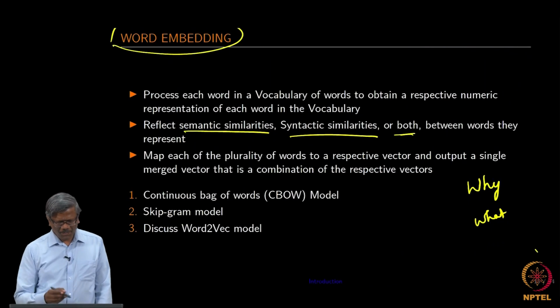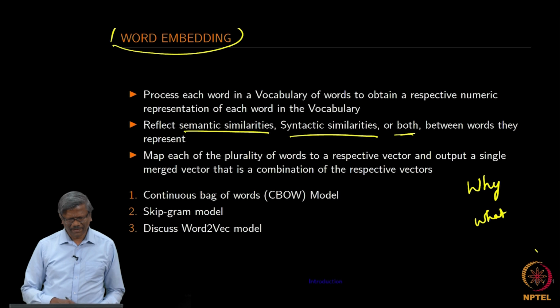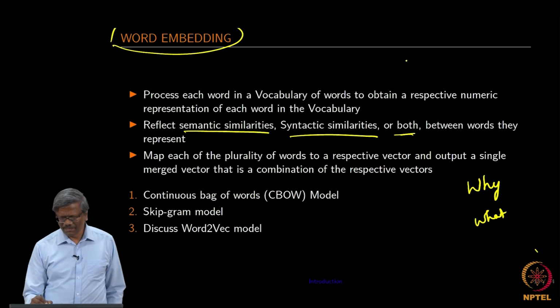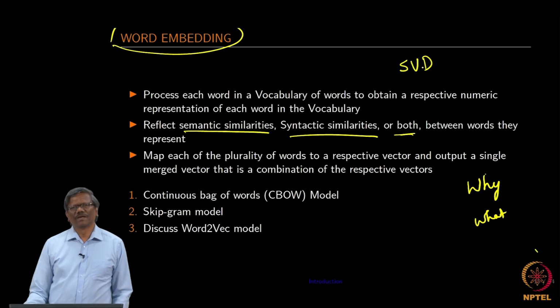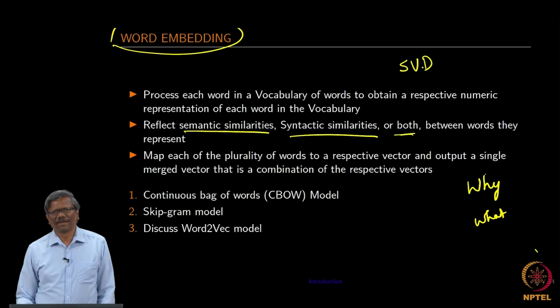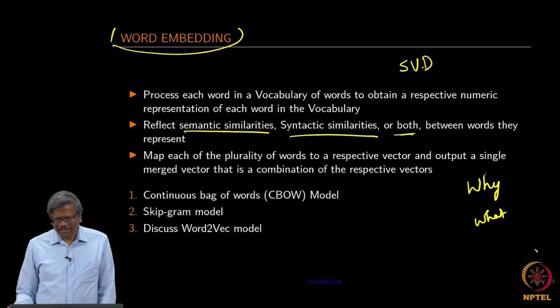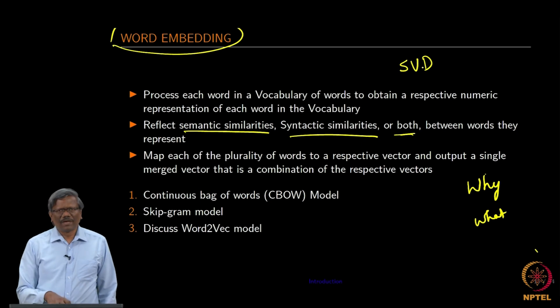Okay. So, we spoke about this, right, in terms of the word vectors. So, we can use a mechanism in the linear algebraic space using a method called SVD, singular value decomposition. Okay. So, that also gives you a dense vector, and using neural net also you can do the same thing.